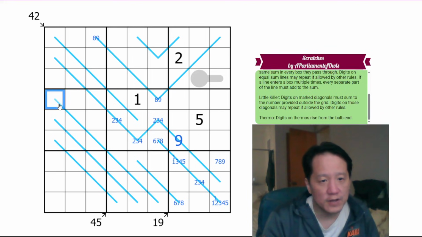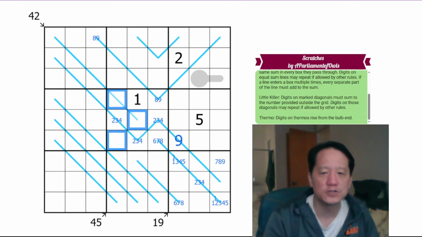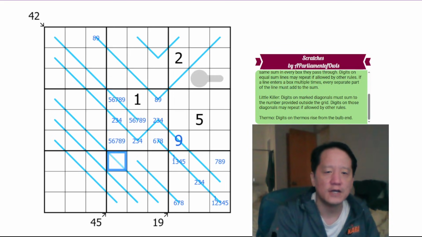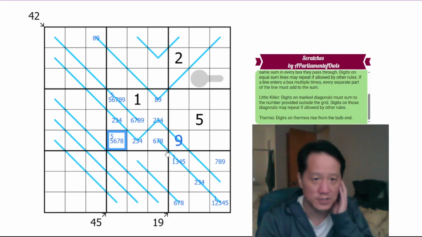Do we have anything else here? The remaining digits in the central box cannot be 1, 2, 3, 4 because of the 2, 3, 4 triplet in the box. So this must be 5 through 9. And this can't be 5, and this can't be 9. So we're guaranteed in the central box a 5 in one of these 2 cells.